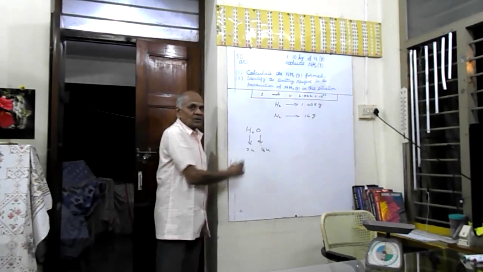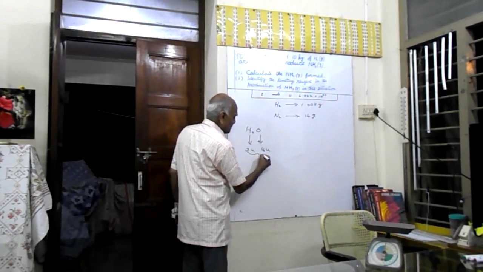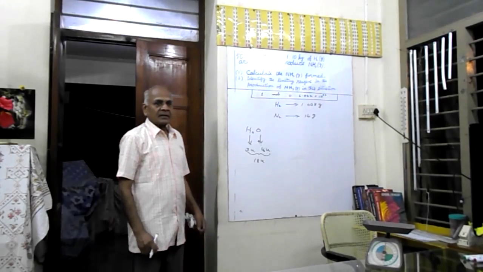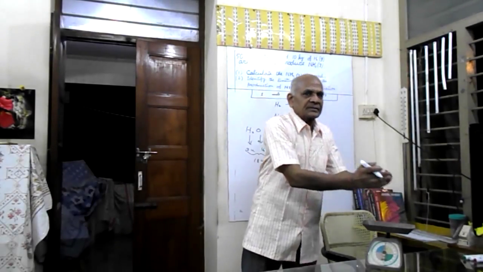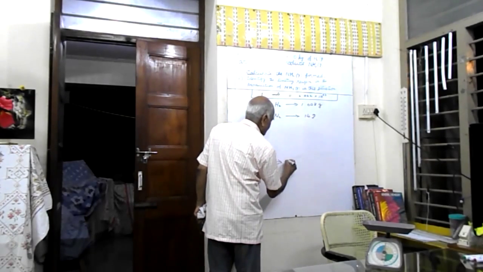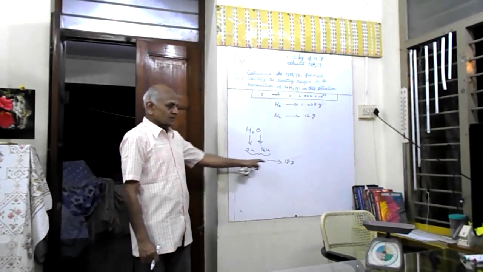So together the molecular mass will be 16 plus 2, 18U. If I put 1 mole water molecules on this, its mass will be 18 grams. Very easy to calculate.